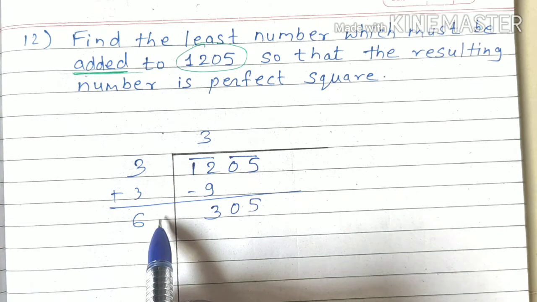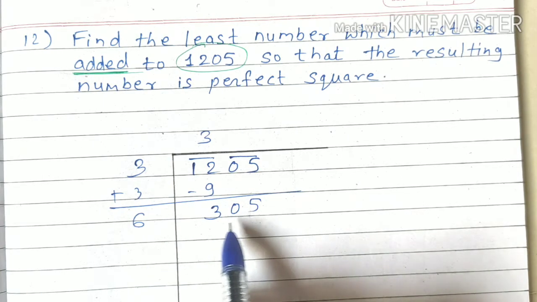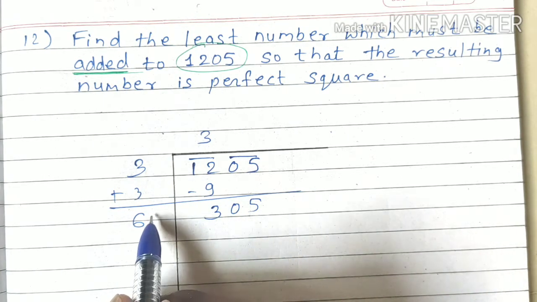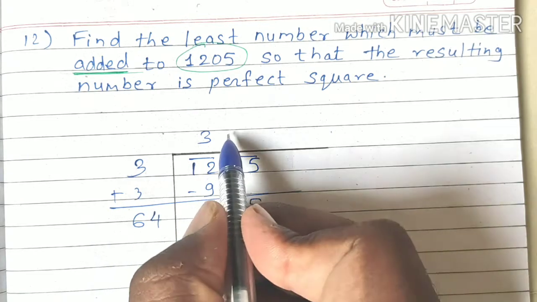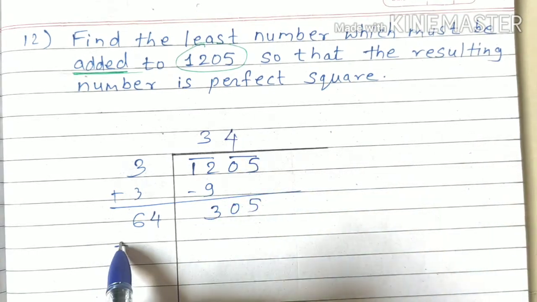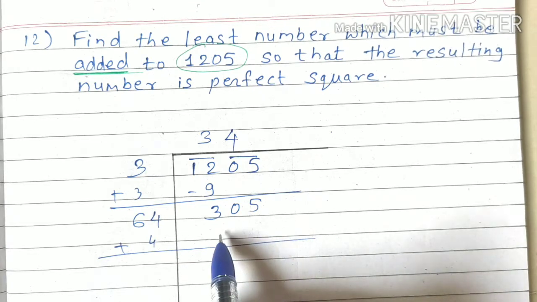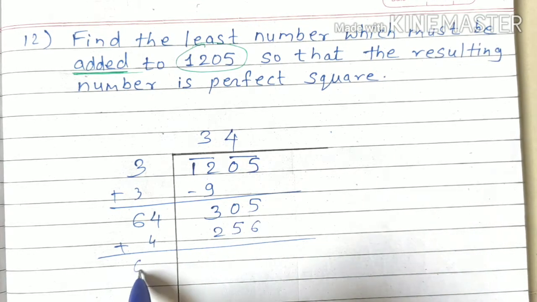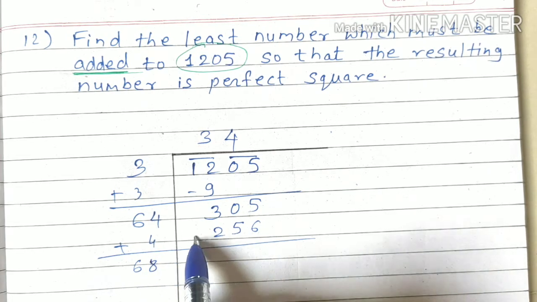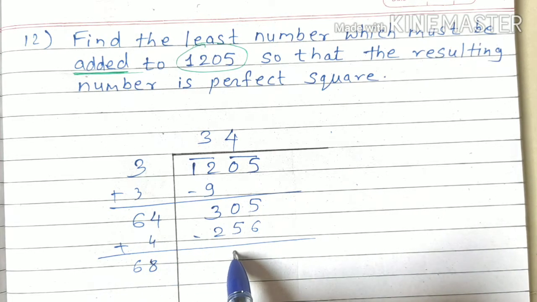Along with the 6, we should add such a number whose multiplication gives us less than 305. So that is 4. Okay? 64 into 4 gives us what? 256. Subtraction is what? 49 is the subtraction.